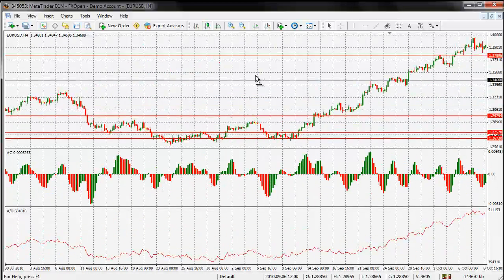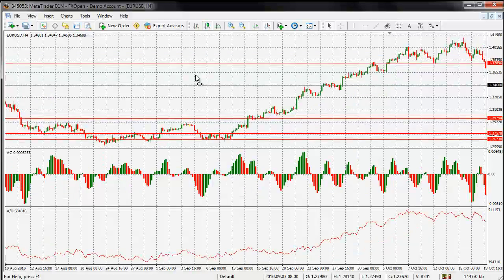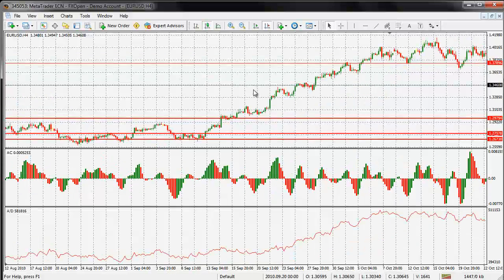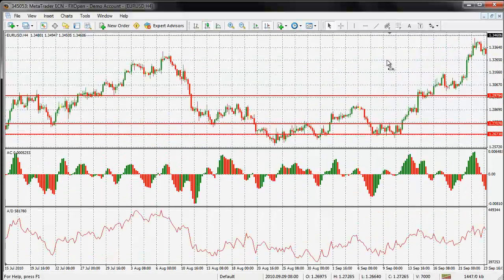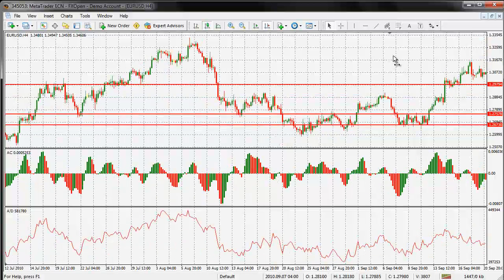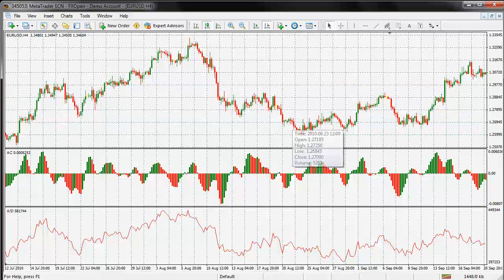Now let's see if we can find another area in the market that we can use to predict a move one way or the other. Alright, so let's just remove these out of the way for the time being. And let's go ahead and grab our trend line tool out.